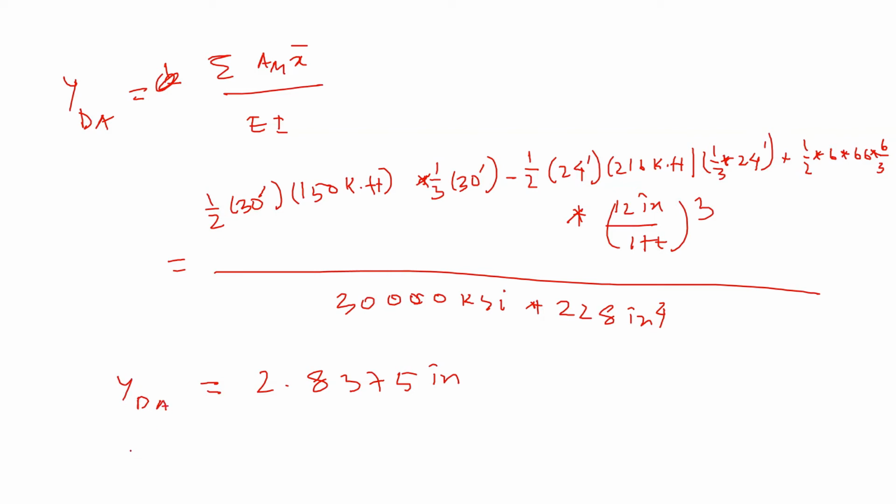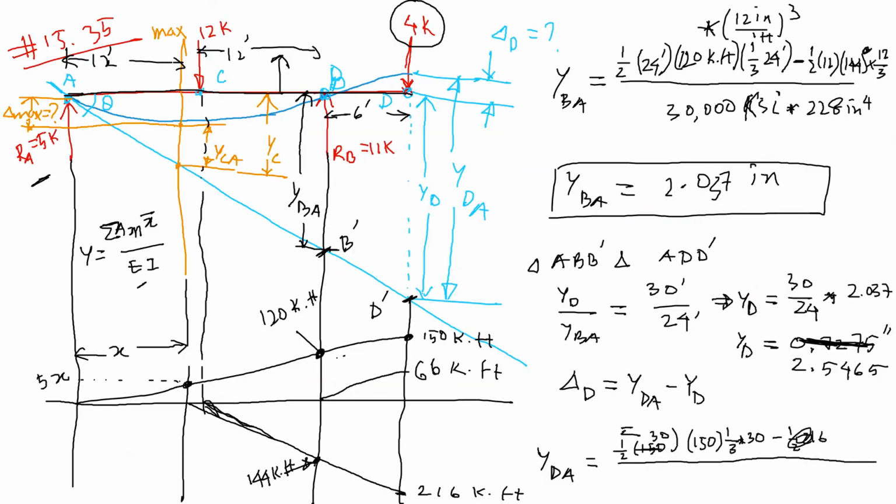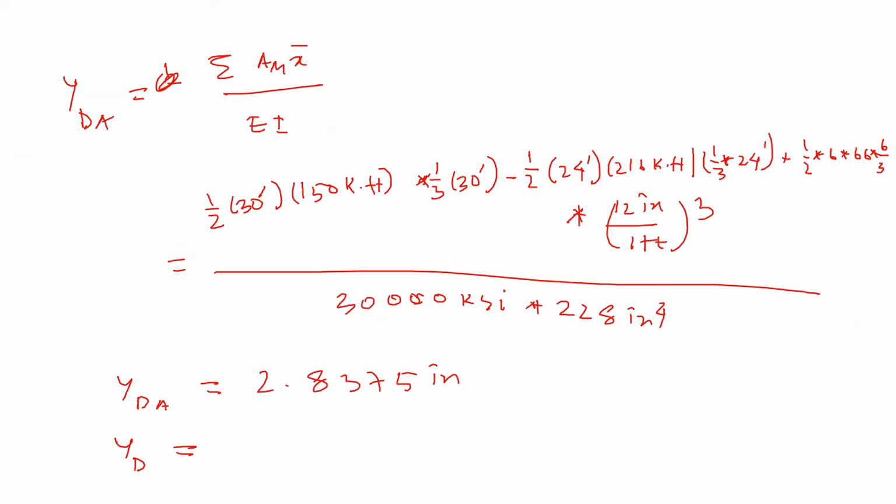And then in the previous page we calculated YD. Let me go back and see what YD was. So YD was calculated 2.5465.